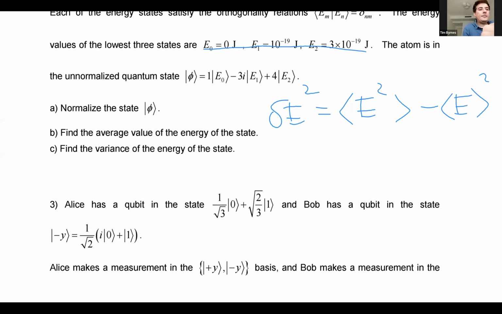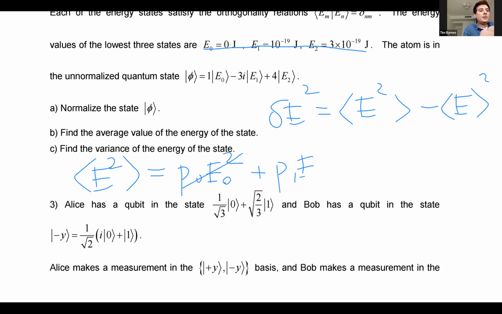So for example, if you wanted to calculate the variance, it's going to be the probability P0 times E0 squared. In this case, this is actually just 0, so you can forget about it.